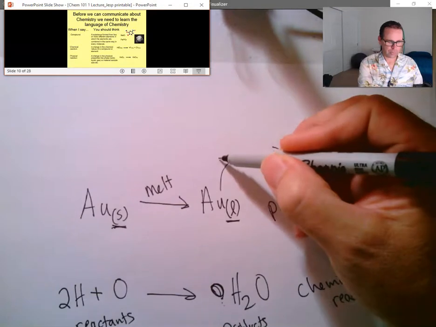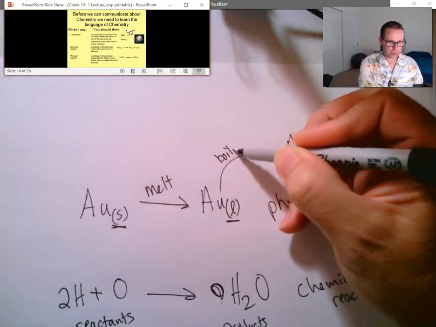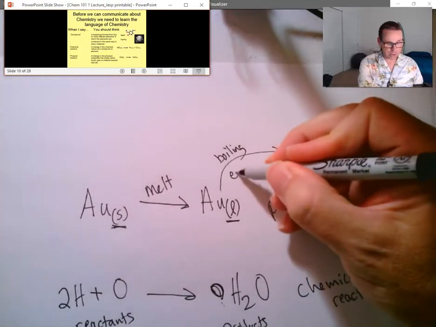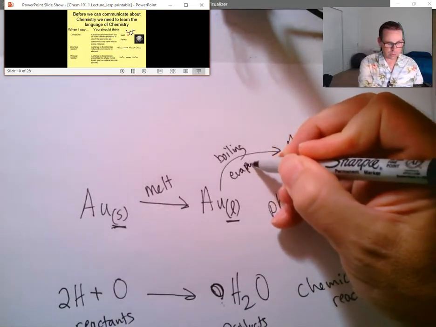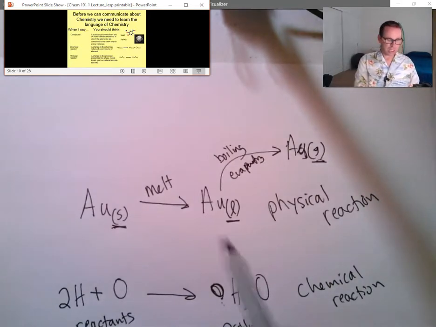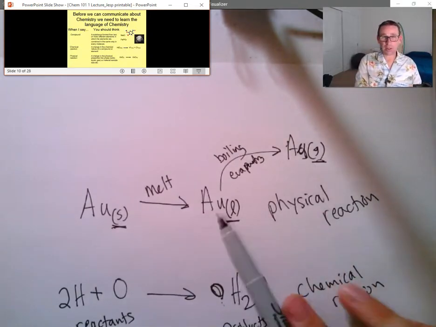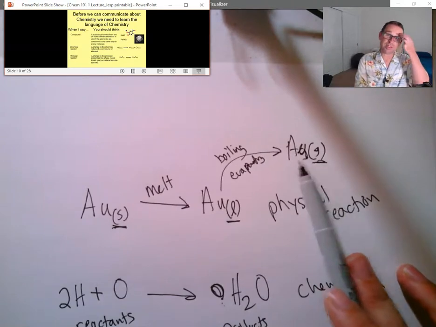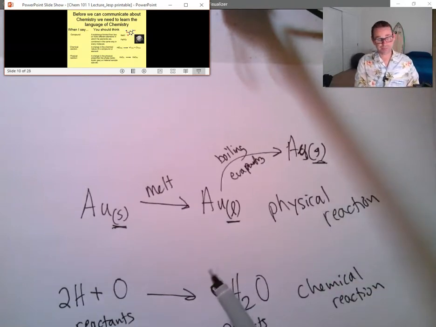I always think of boiling point. Yeah, very good. I'm boiling or evaporating. Again, I'm not changing the kinds of atoms that these are interacting with. This is still gold atoms interacting with each other, but just in a different phase.